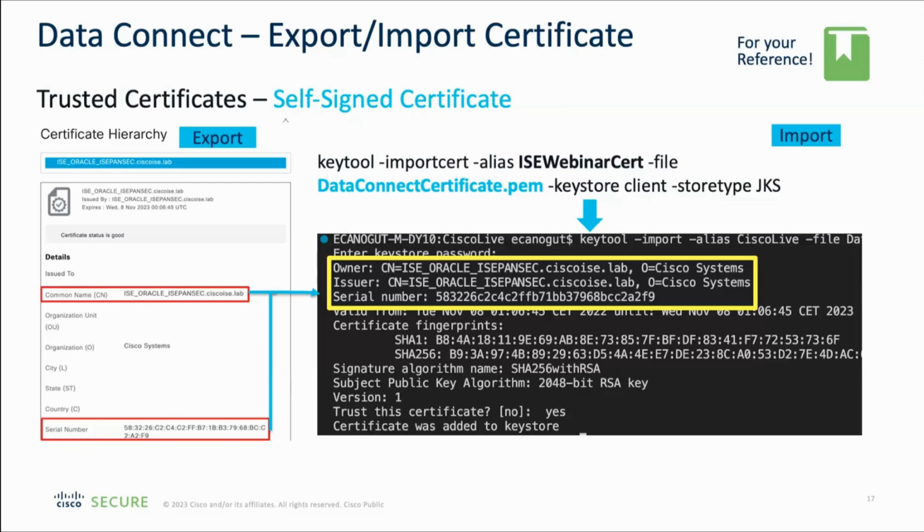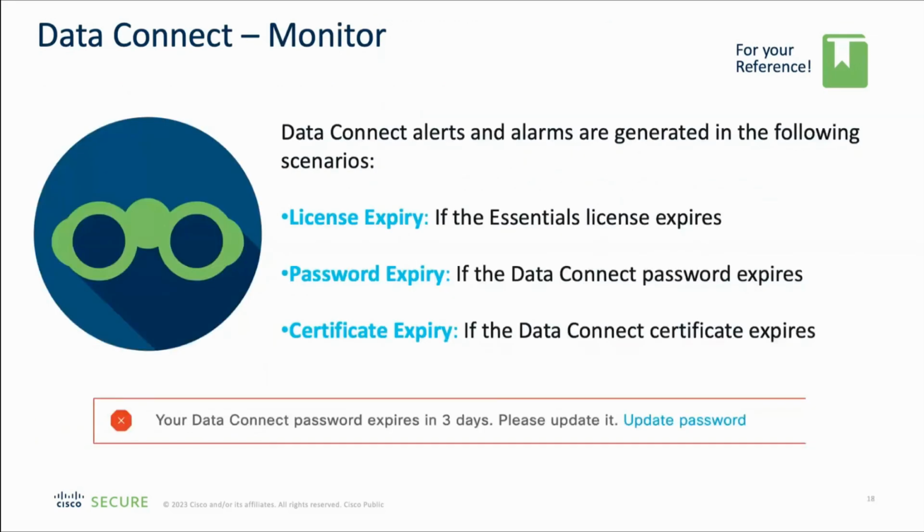The last phase that we need to consider is monitoring. We have enabled it, we have all the steps needed, so in this case we just need to monitor it.